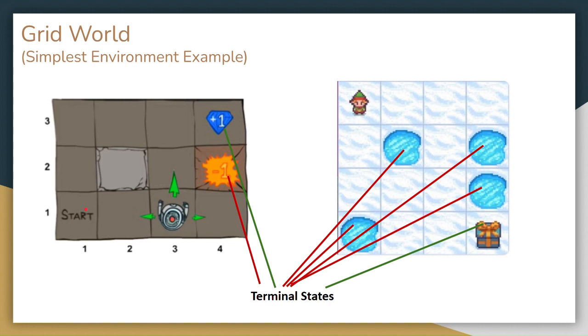The game that you play again and again and that has terminal states like this is called an episodic game, and your model learns in episodic learning.